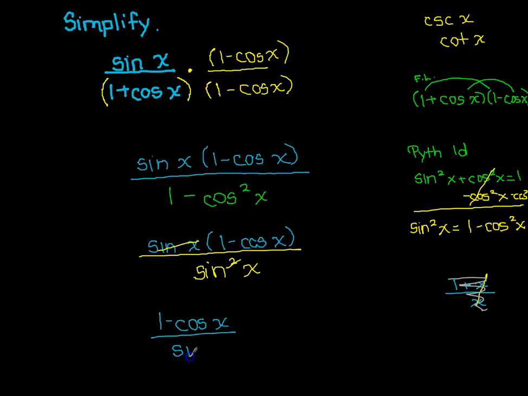over sine. Now remember I said you can never split up a denominator, meaning I can't put sine over each one of these denominators, or the terms in the denominator, but I can always split up a numerator. So I can give each one of these terms in the numerator its own denominator of sine.